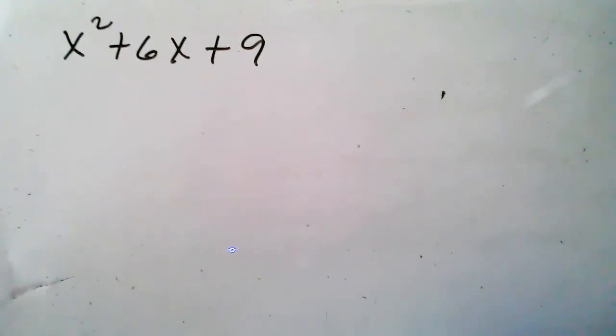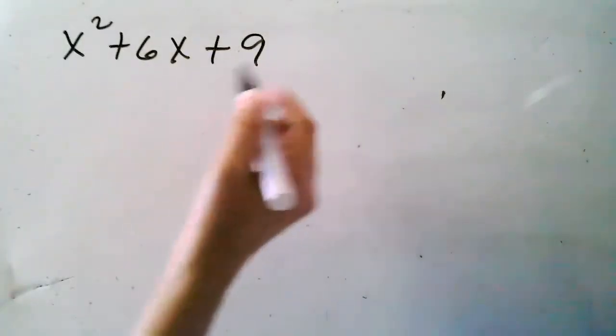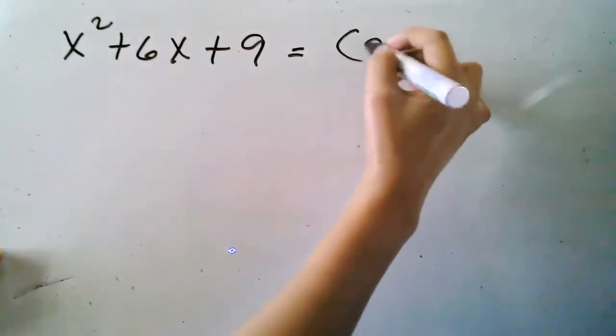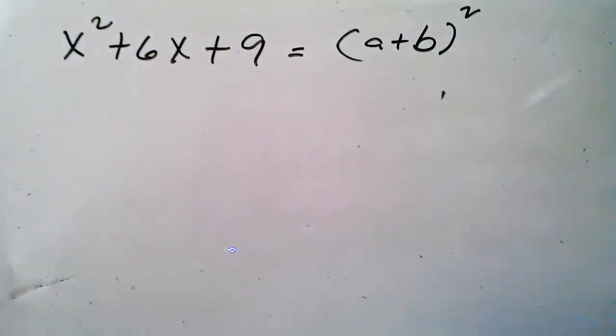So since a perfect square trinomial is the result of squaring a binomial, if you're going to factor this out, it should come out like this. A square of a binomial, okay? And that is in factored form.